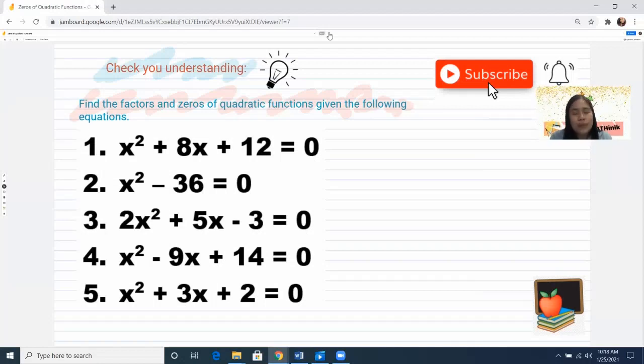If you want to use completing the square, factoring, or the quadratic formula, whatever is easier on your part, please find the factors and zeros. As we believe, there's no retention in learning if you do not apply it, so please apply what you've learned. Okay, and then please check out the next part of the video.